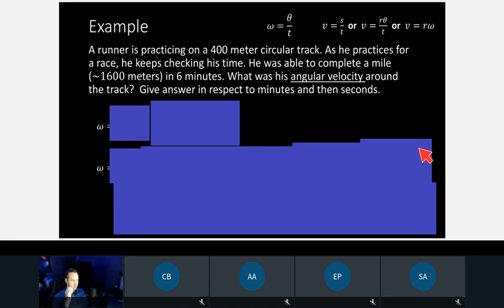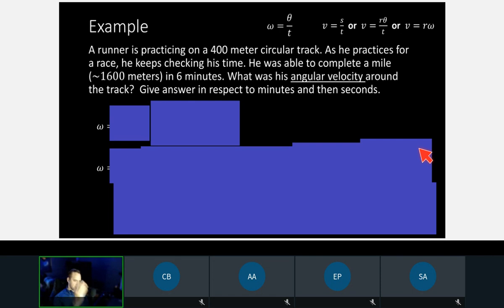The revolutions would be 1,600 divided by 400. So we know he ran around the track 4 times, right? So that's correct. So we know the revolutions. Now, how do I find the actual theta, the actual angle traveled?